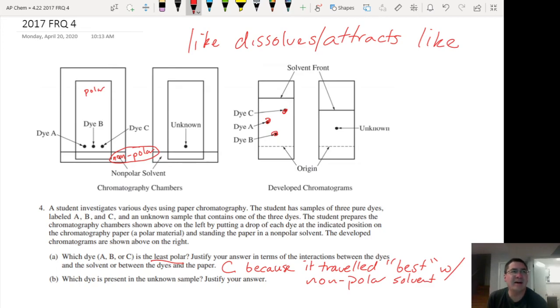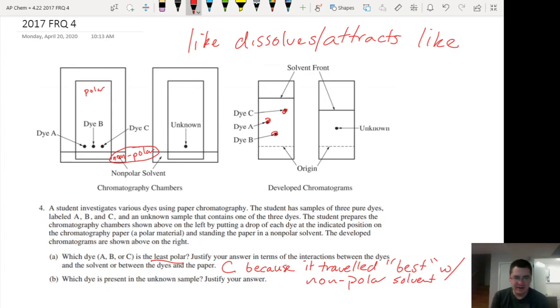This is exactly why, when you're trying to wash your hands and they're greasy after cooking, or you've used a lot of oil and kneaded bread and you can't wash your hands very well, it's because water is very polar and it doesn't do a good job cleaning non-polar things. So like dissolves like. Polar dissolves polar, or non-polar dissolves non-polar, but it has to match in polarity.